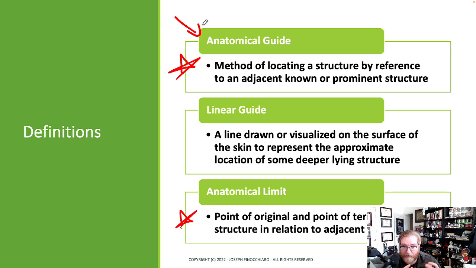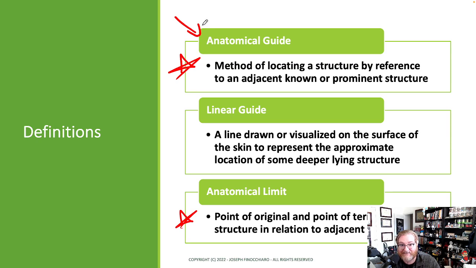So, if we were out in a city and I said, what you're looking for is halfway between the Kmart, I'm dating myself, but the Walmart and the Kroger on the same street. If you find the Walmart, you find the Kroger, you should know that somewhere between those two buildings is exactly what you're looking for. What is an anatomical limit?